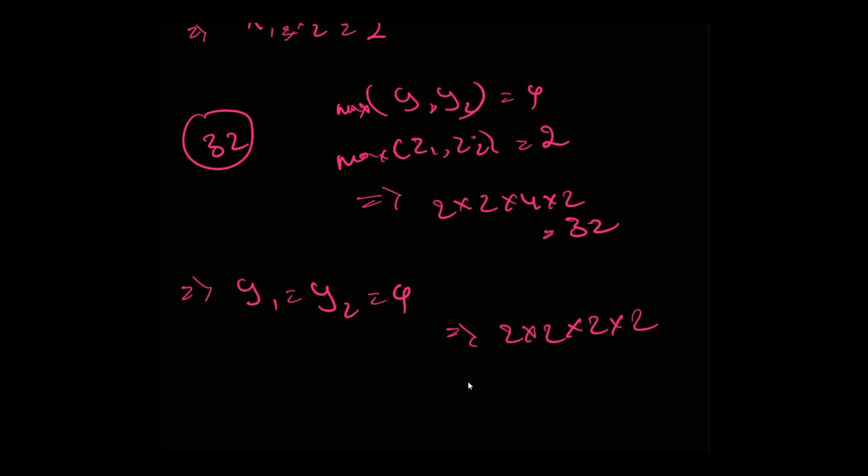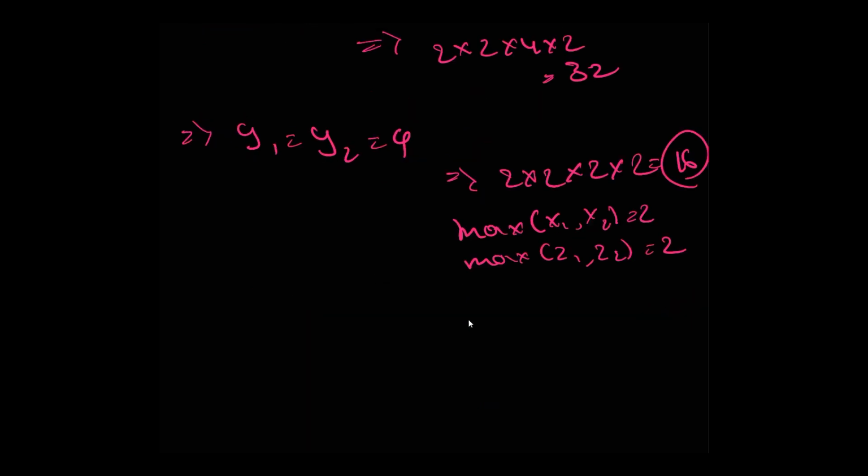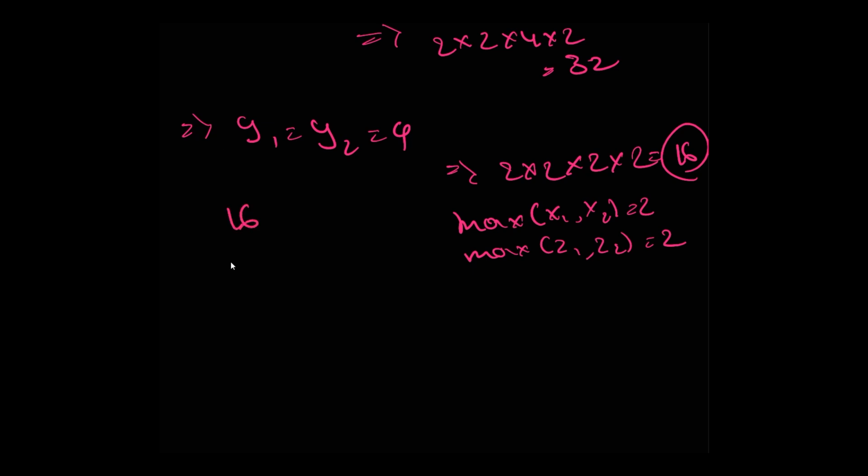Since the max of x1 comma x2 equals 2 and the max of z1 comma z2 equals 2, the number of ways will be 1 2 3 4, 16 ways. And for z1 equals z2 equals 2, again 32 ways.